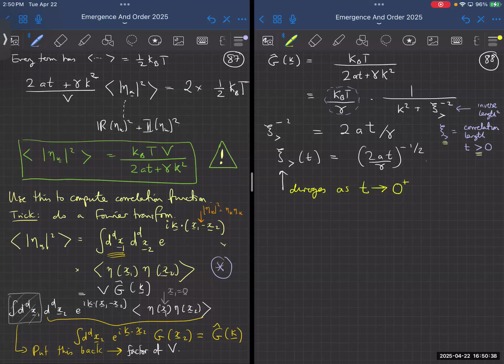You might wonder, well, what is this length scale? What is the physical meaning of this? So let's calculate what a g of r looks like in real space.